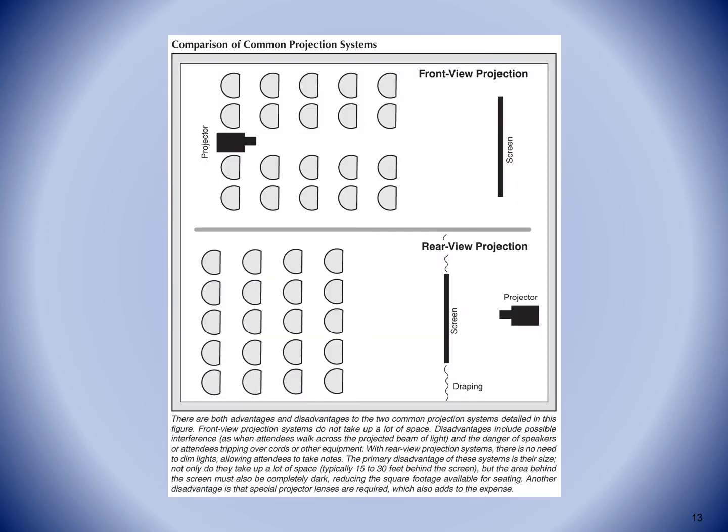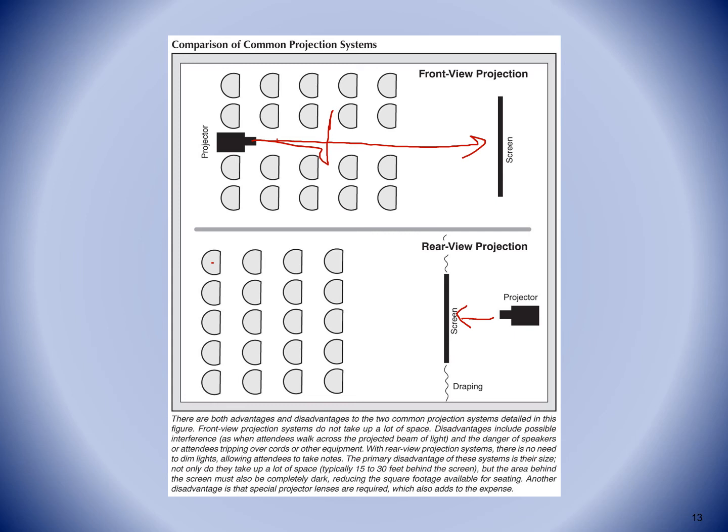So here's what I was talking about before. This is our front projection. The projector is out front, and the screen is here. The issue is if anybody right here gets up, they will cast their shadow onto the screen. The rear projection is where the projector is actually behind the screen, like we saw in that previous picture. And so here we have 1, 2, 3, 4, 5 times 4, that's 20.